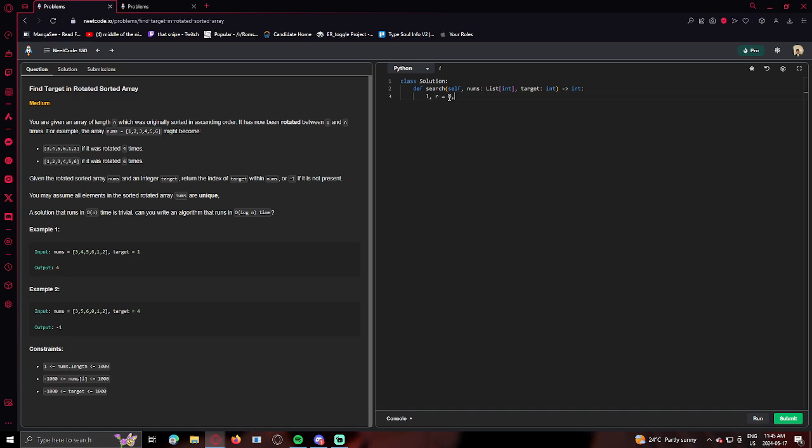L, R equals 0, len(nums) - 1, res equals -1, so that if we don't find anything, it will go here. Then we'll say, okay, so while L is less than R, what we want to do is look at the left and get the middle.